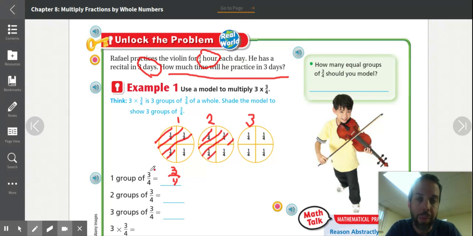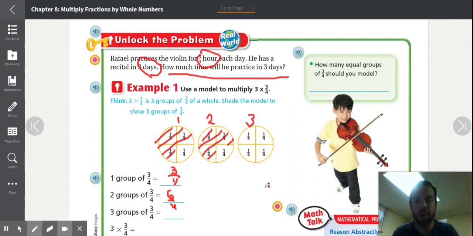And now I can do two things. I can count 1, 2, 3, 4, 5, 6 fourths, or I could multiply, and I could think of it as 2 times 3/4, which would be 6/4. My apologies. This drawing tool has got me all mixed up here.